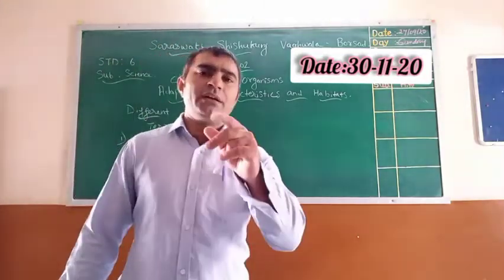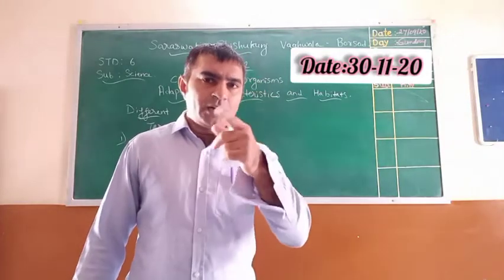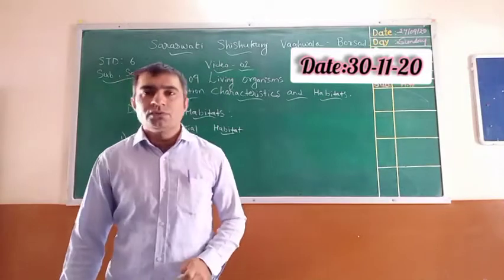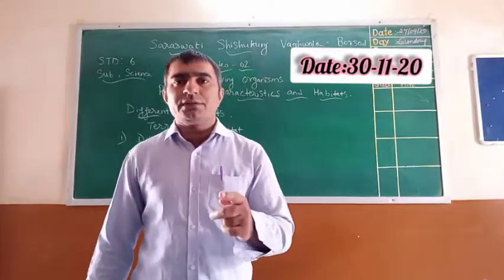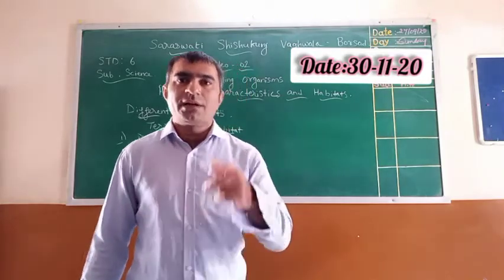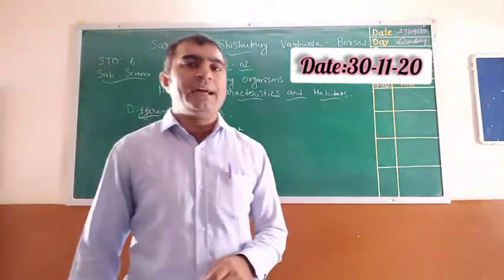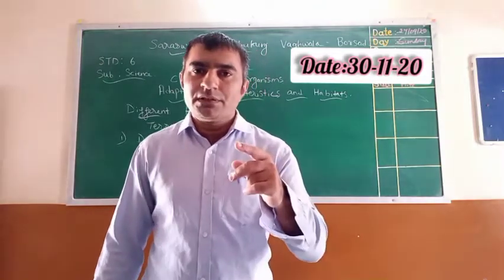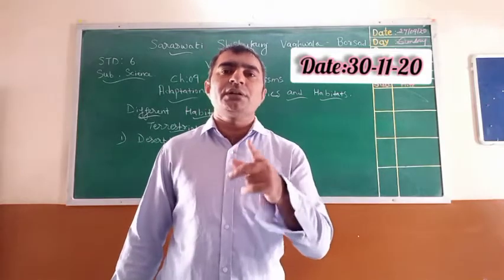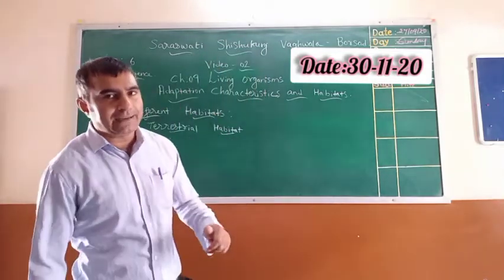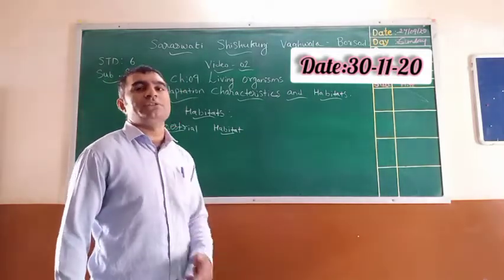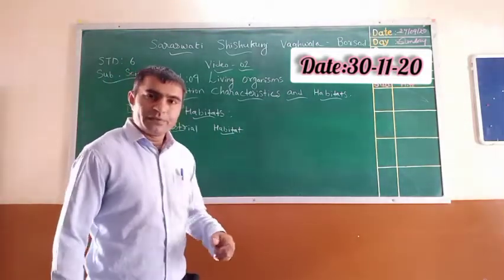In the desert we have taken one example, the camel. We have seen that the camel has long legs, so it protects its body from excess heat. Another characteristic is that it does not sweat and its dung is dry. These are the characteristics which help it survive in the specific condition of the desert, right?